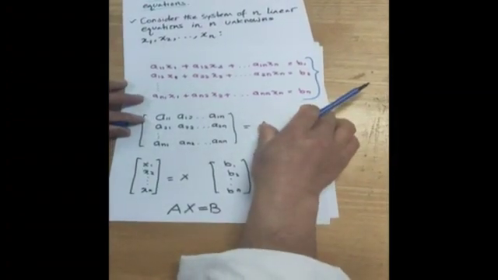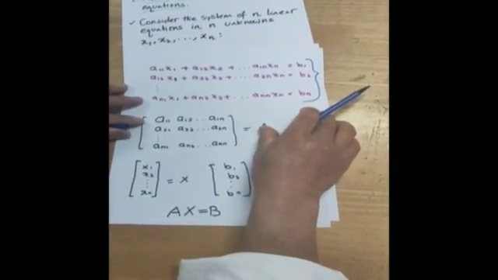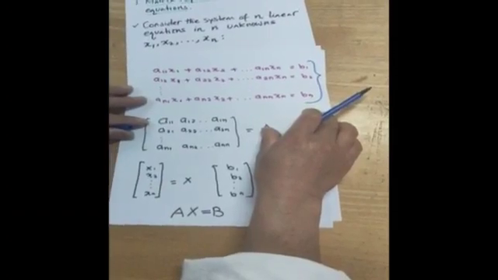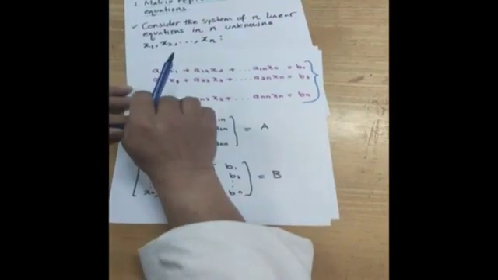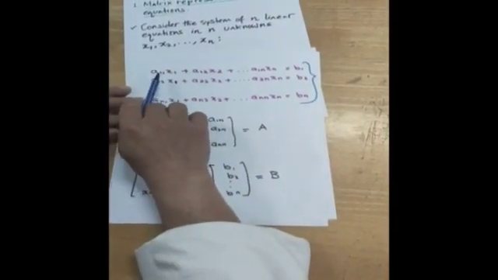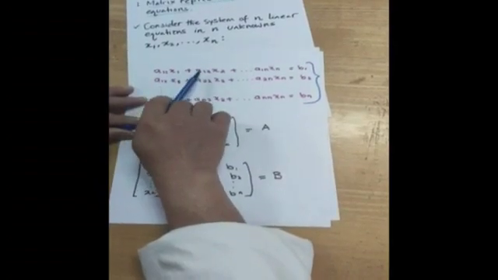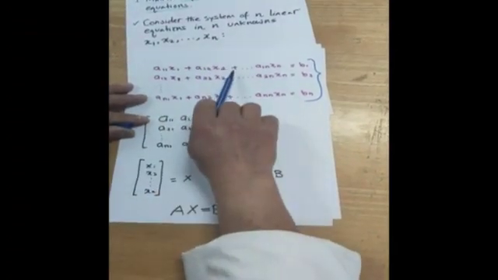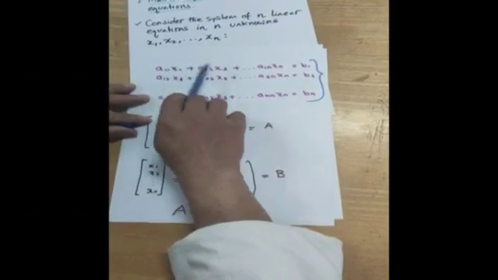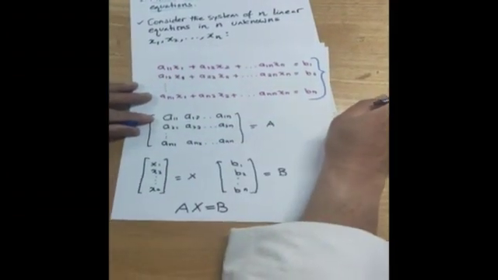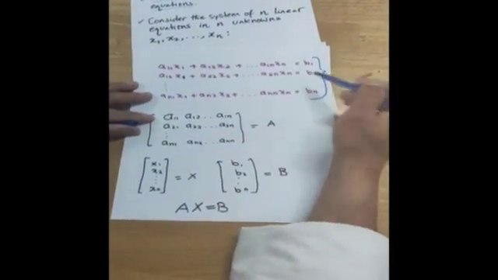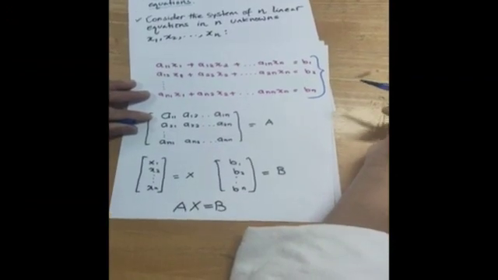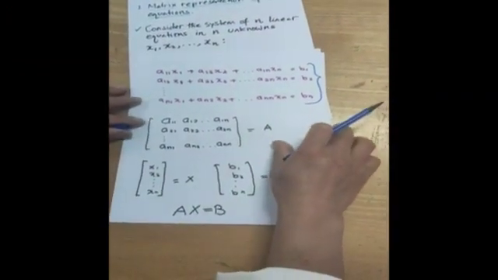What this means is that, for example, if we have three equations, then we will have only three variables. For example, we can have a11, a12, a13 with variables x1, x2, x3, and similarly we will have three constants b1, b2, b3.